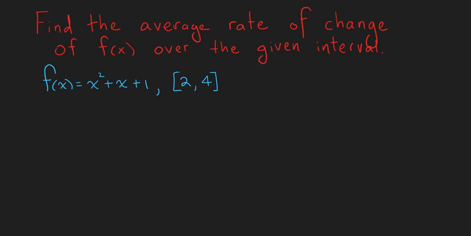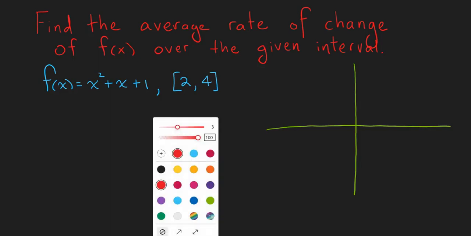So we've got this example, and we have the function f of x is equal to x squared plus x plus 1, and the interval is 2, 4. So let's begin by drawing a graph. Let me redraw that. Okay. And I'm not even going to really worry about exactly what the shape of the graph looks like.